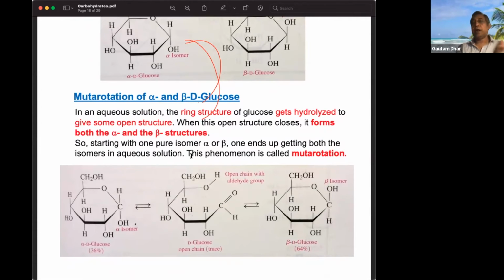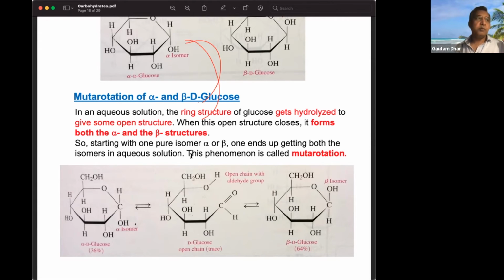Now, what I didn't tell you is these are also called optical isomers. That means if you pass plane polarized light, so we use a polarizing glass, right? We often use that polarizer. What a polarizer does is allow only light vibrating in one plane to pass through, and it cuts away light from other planes.